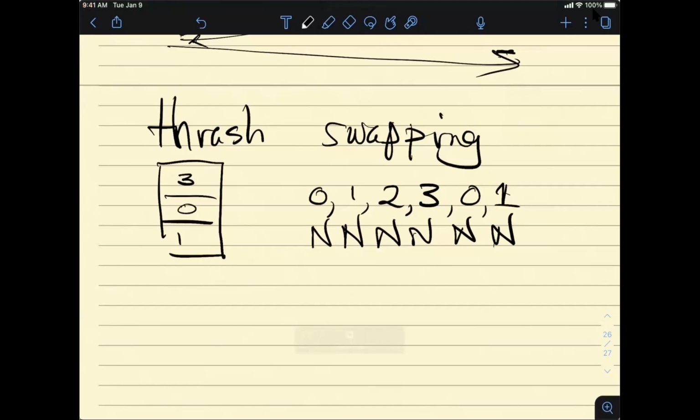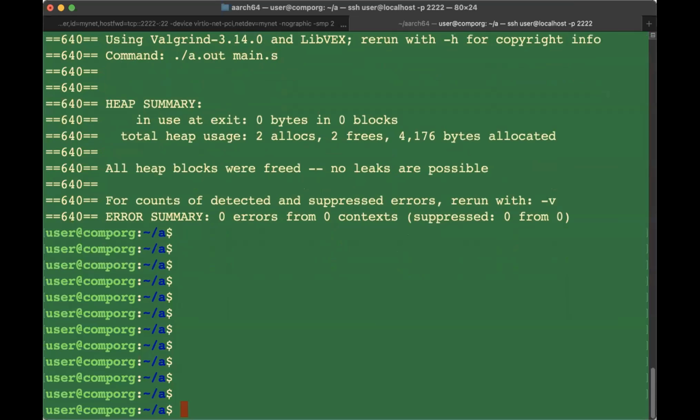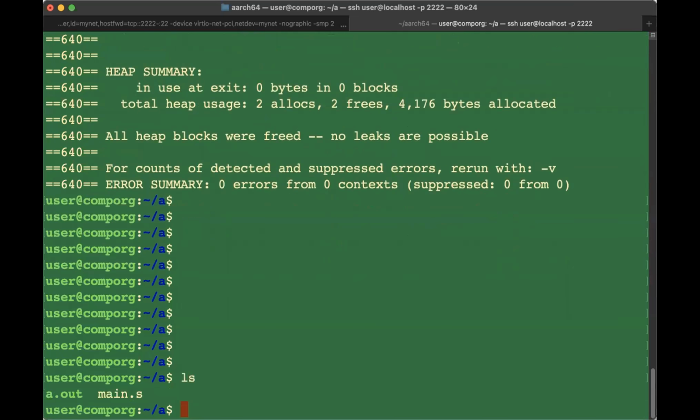Okay. Let me demonstrate. Do I have a terminal running? Good. I have a Linux one and not a Mac one. All right, so let me show you that. Let's take a look at the current directory that I'm in.